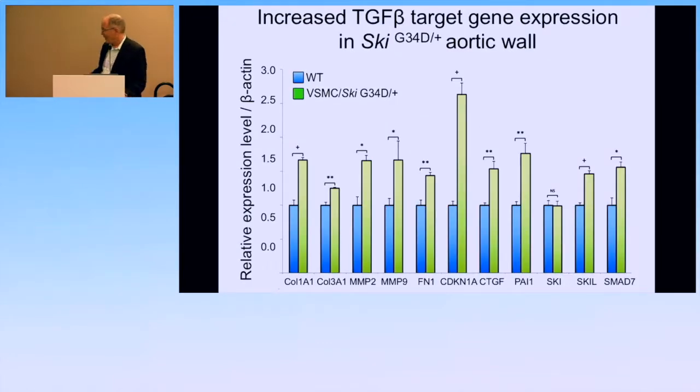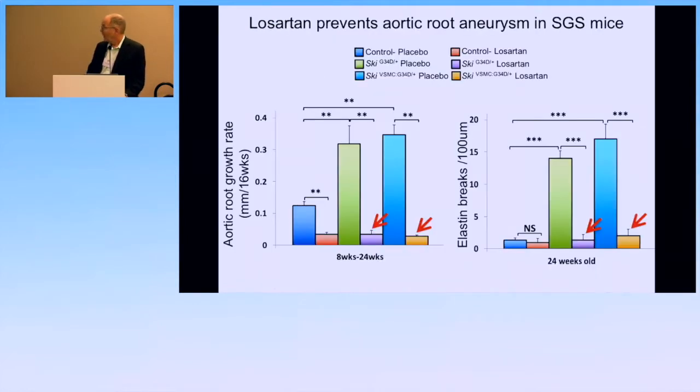As you might expect, all the TGF-beta target genes that we looked at are greatly increased in the Shprintzen-Goldberg syndrome model. And quite remarkably, losartan is dramatically protective in this mouse model, again, both preventing progressive aortic root growth and breakdown within the aortic wall.